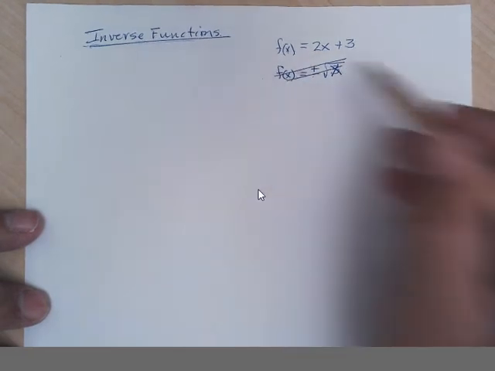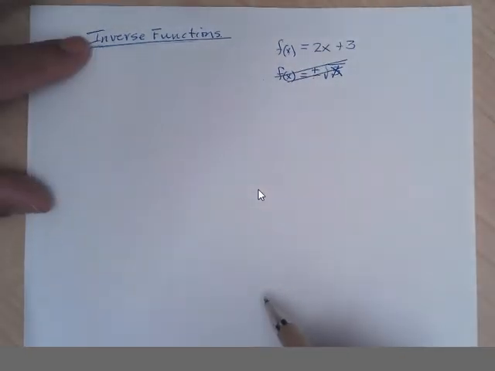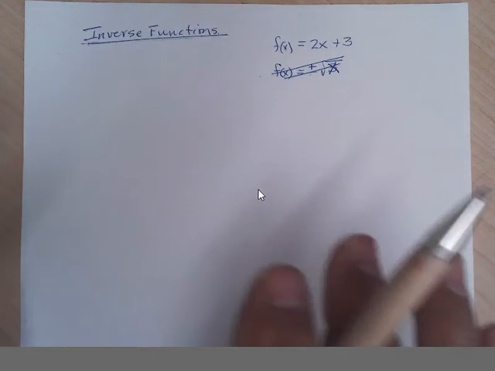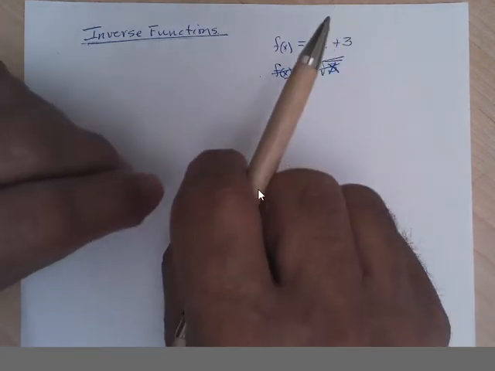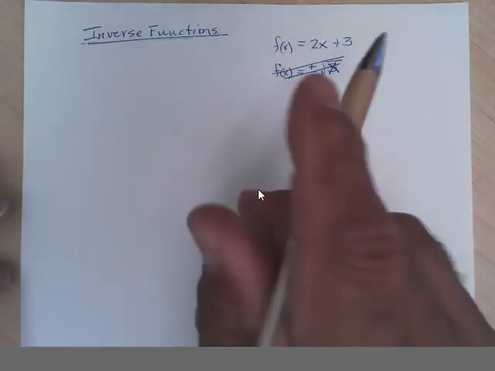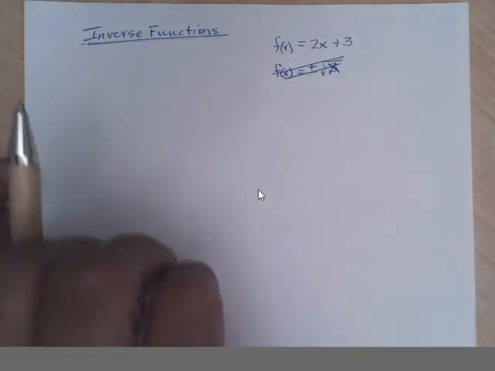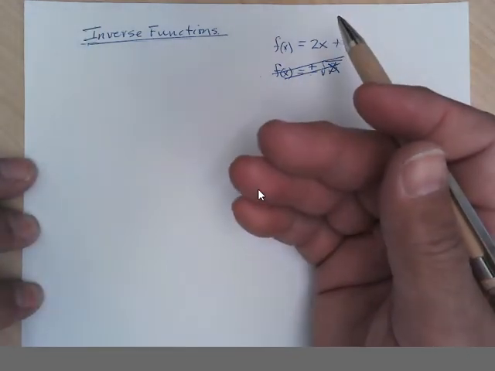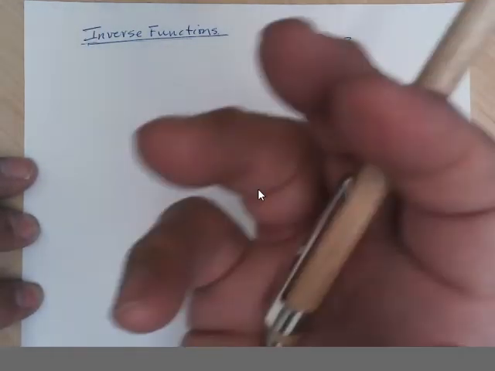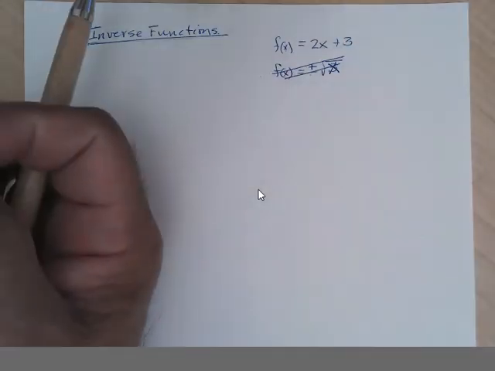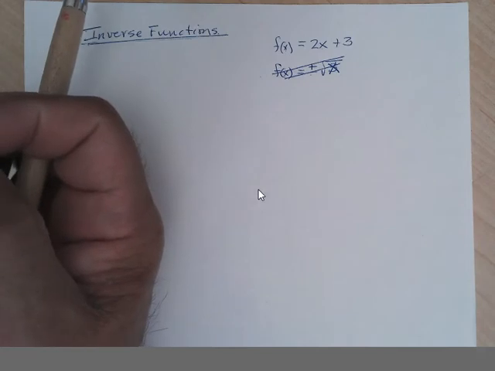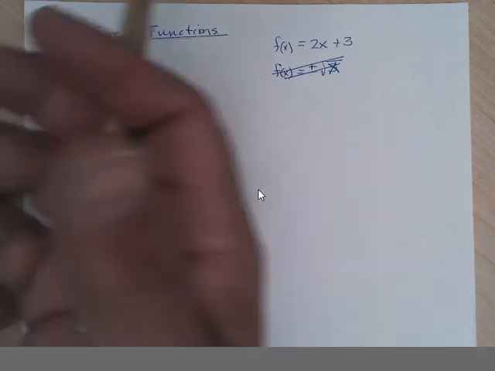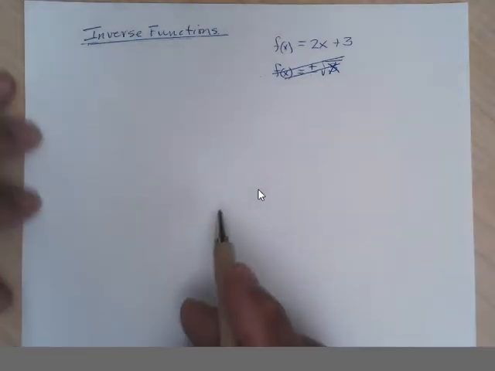Okay? Now, inverses take whatever the function does to a number, or whatever it takes as an input, and whatever comes out, the inverse function, if you input into the inverse function what came out of the original function, you get back to what you originally put in.